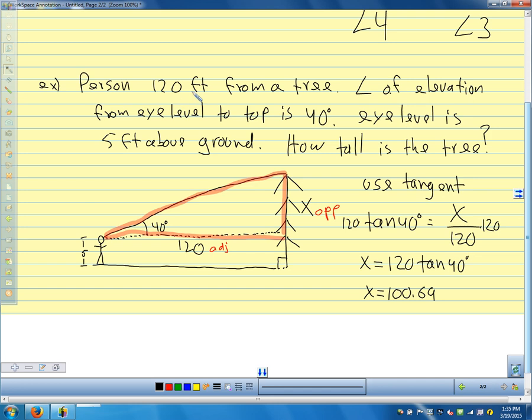And our units would be in feet. So the tree equals, we add 5 to this, 105.69 feet tall. So once we set up our problem with angle of elevation, we're back to doing just regular old trig problems.